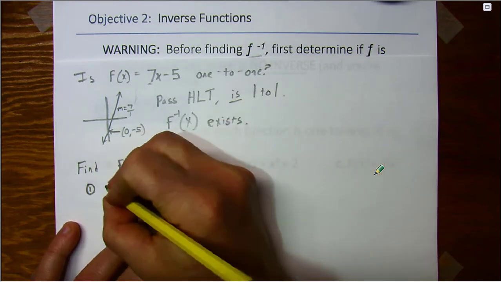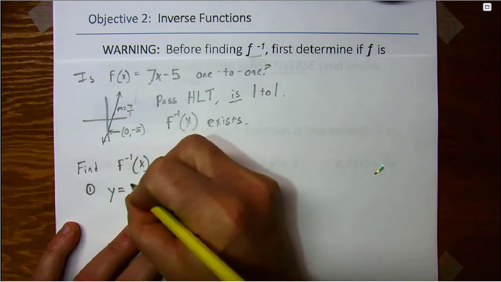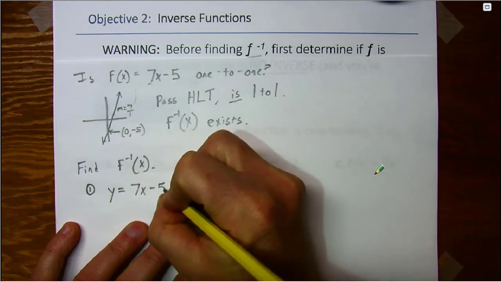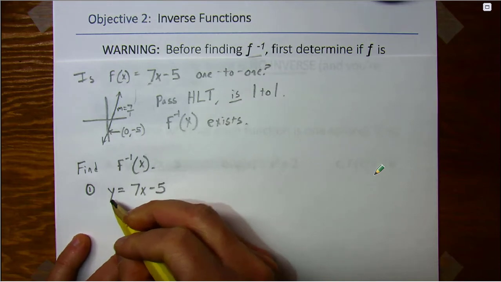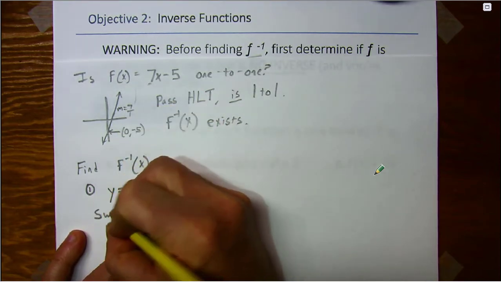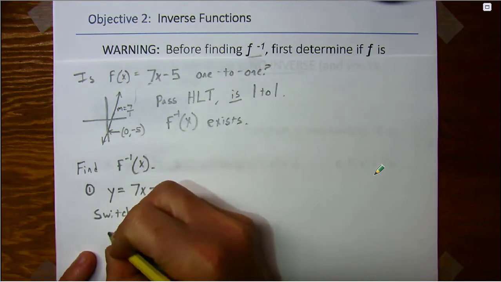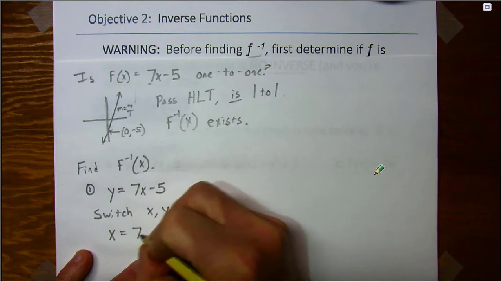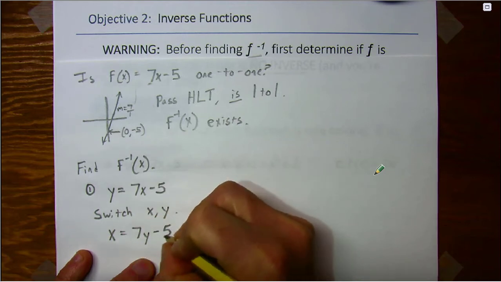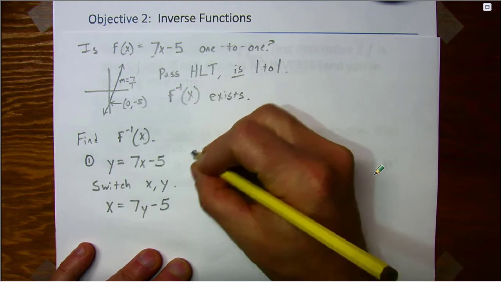All right, here we go. Step 1. We're going to call this function y equals 7x minus 5. So we're just calling the output value y here instead of f of x. So we're going to switch the x and y value. That means this becomes x equals 7y minus 5. Step 2 is to solve for y.